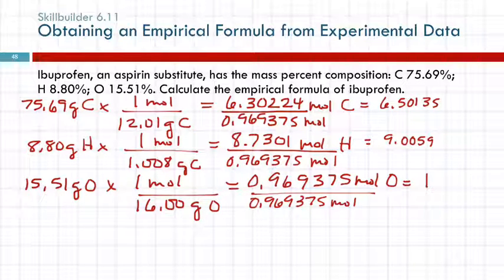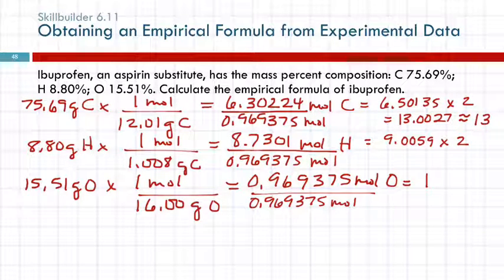So I'm going to take my 6.5, etc., times 2, and that gives me 13.0027. Plenty close. I can round that to 13. I also need to multiply the other ratios by 2.